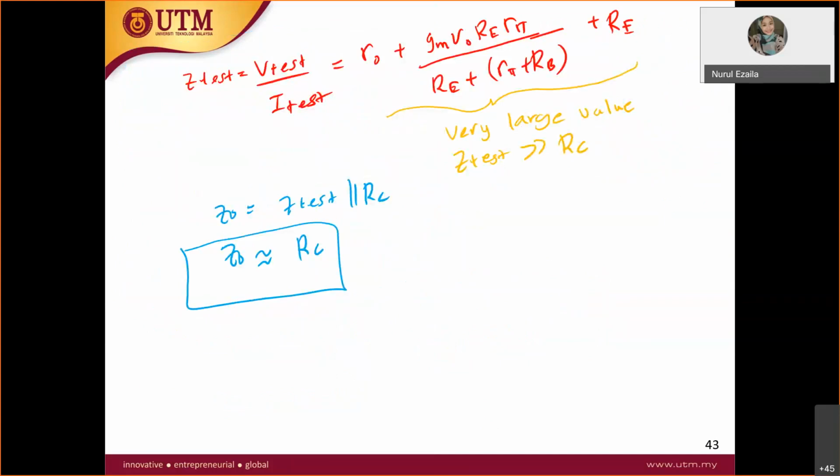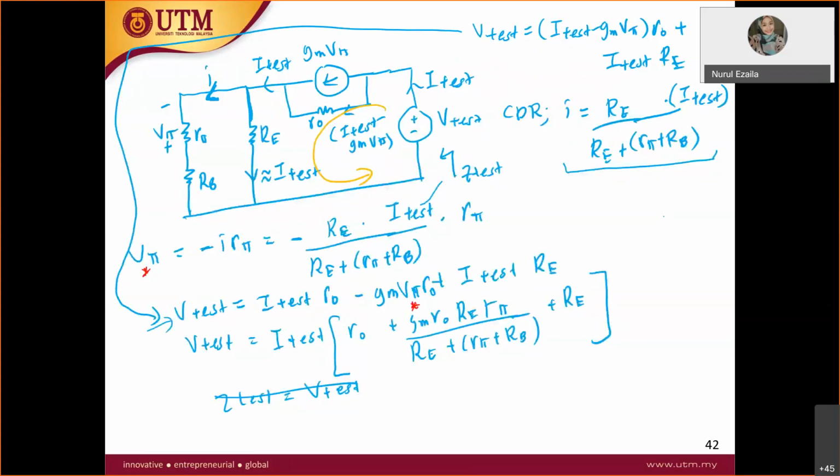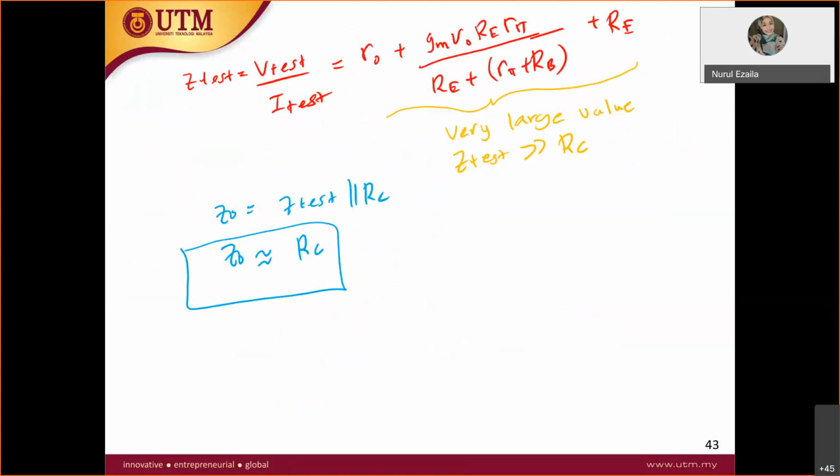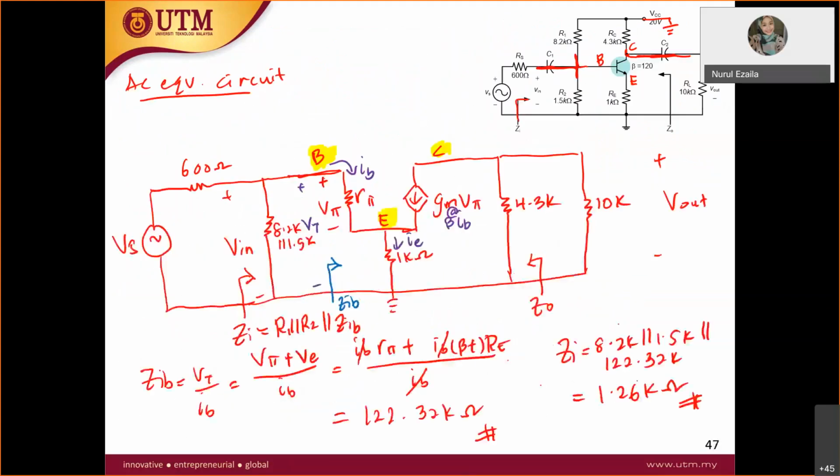Finally, you apply Vtest and Itest, and you get Ztest. So Zout is equal to Ztest parallel with IC, and it is approximately equal to RC. You have to look again at the derivation. So 4.3 kilo ohm. This is for the Zin and Zout.